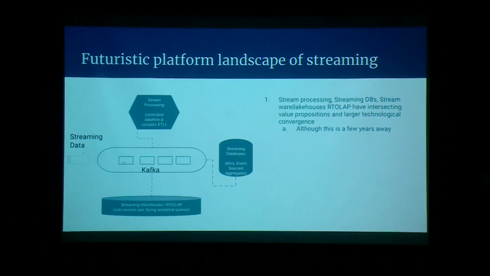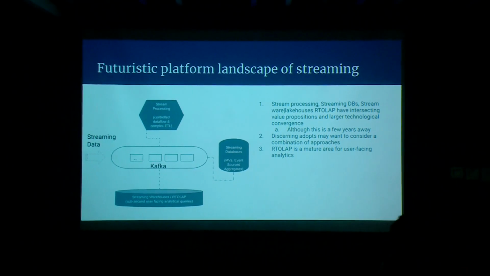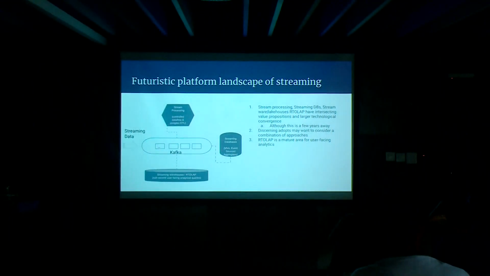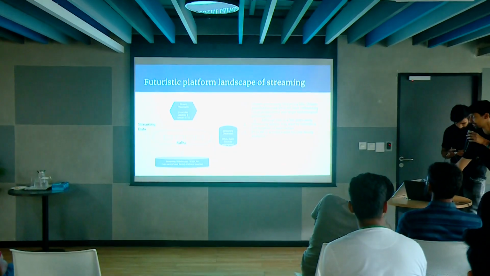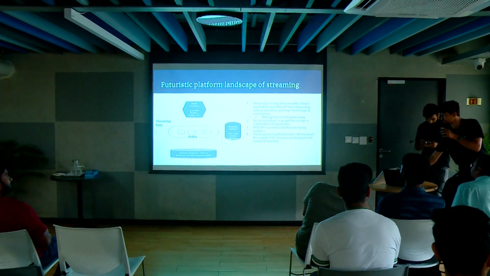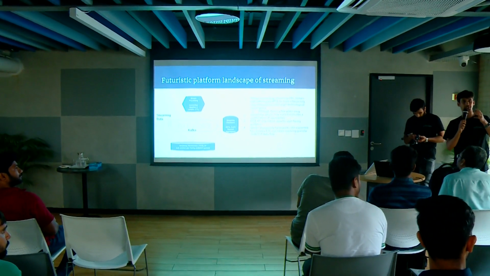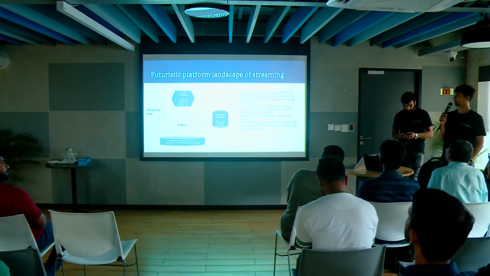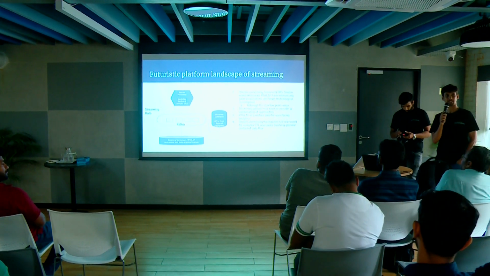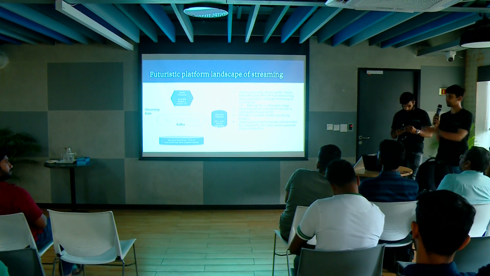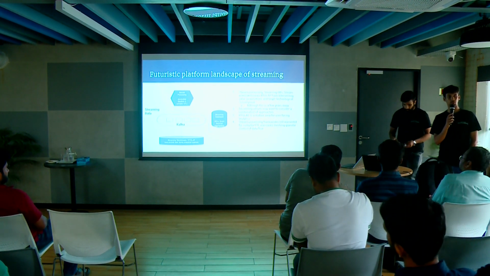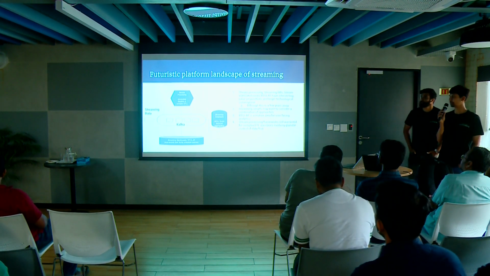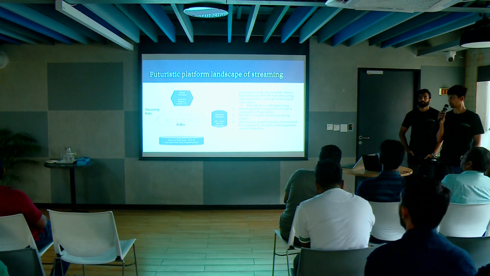But in conclusion, there's a lot of convergence in this area: streaming databases, stream processing, real-time OLAP, all of these things. But that's a few years away. In the short term, what's the recommendation? Consider all the three approaches. If you want stream processing, it should be like 80-20. You could split it, doing most event-driven architecture, classic materialized views, event-sourced aggregates through streaming databases.